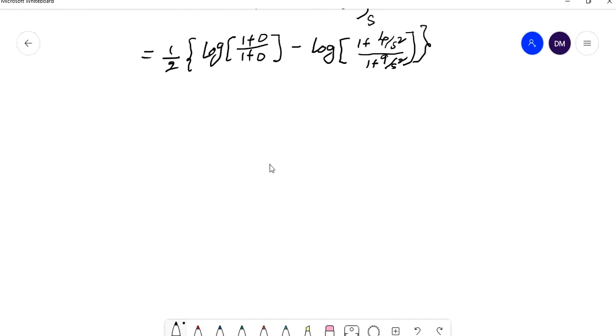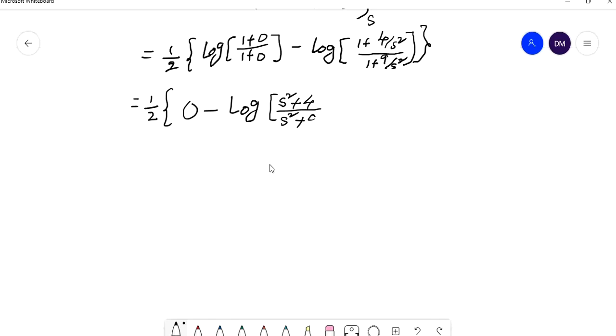If you simplify this, 1 by 2 into log 1 value is 0 minus log of, take the LCM s square here in the numerator and denominator. Then I can get s square plus 4 by s square plus 9.